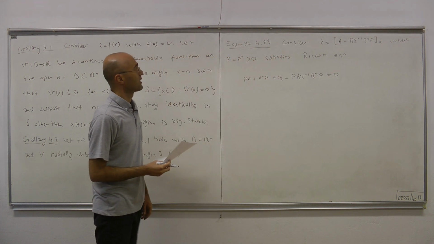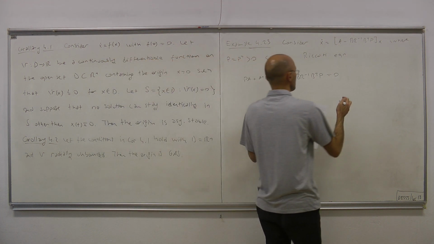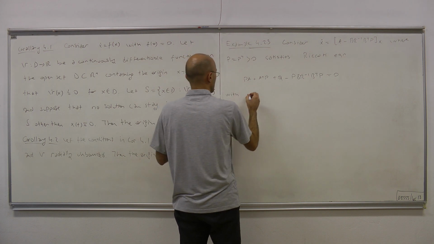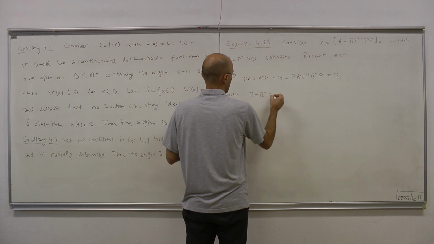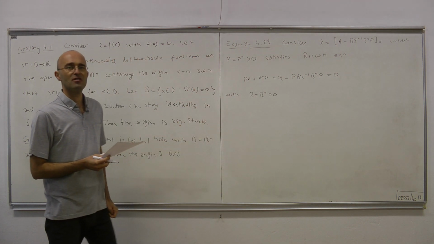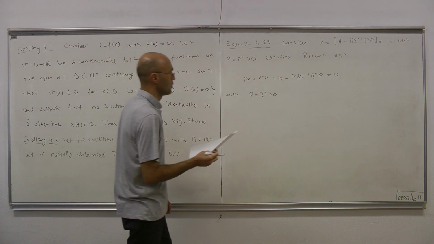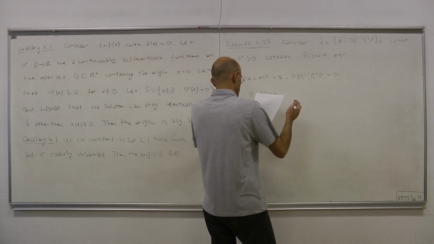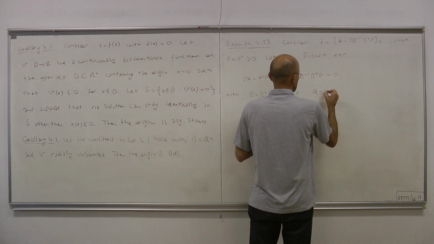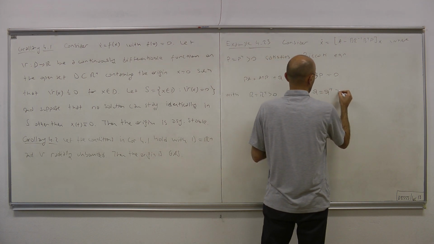Here R is our symmetric positive definite matrix. This is the matrix that we use to penalize the control input. Well, it's not really important for the problem. And Q equals Q transpose, greater than or equal to 0.